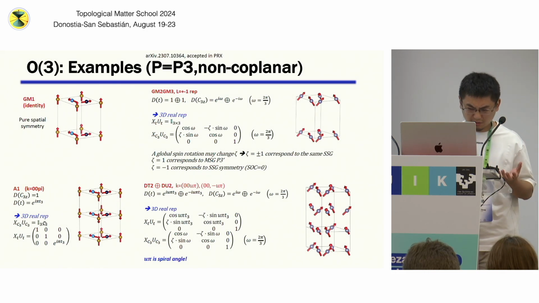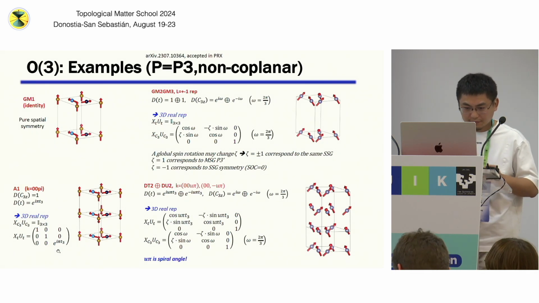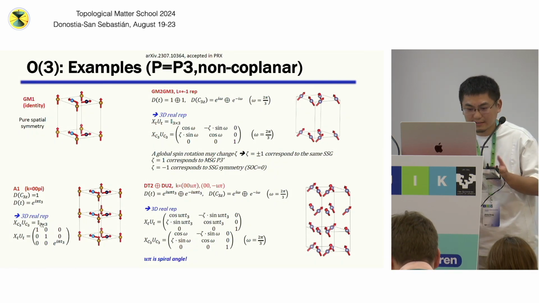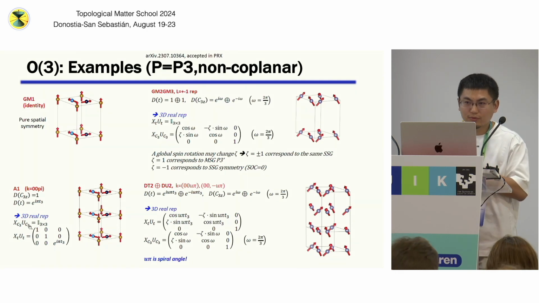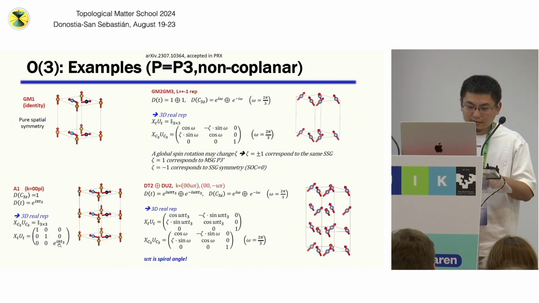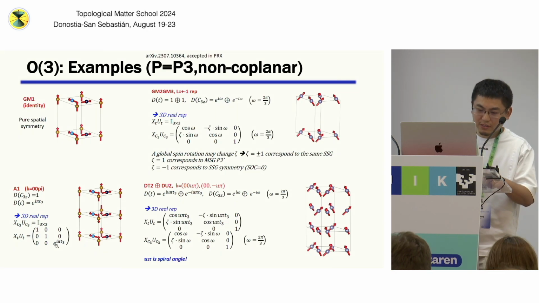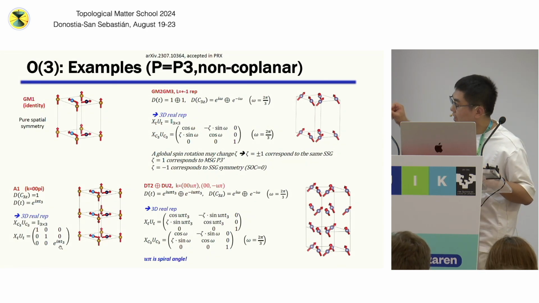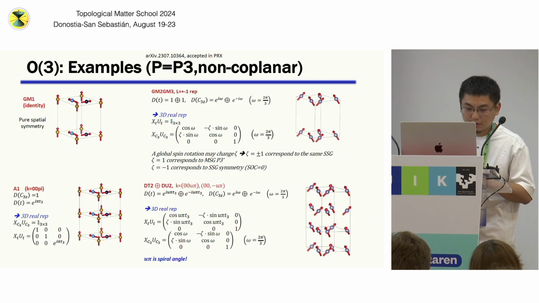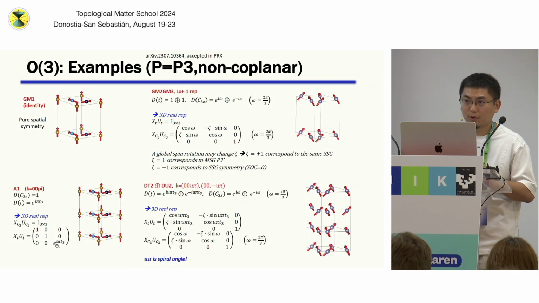To form a three-dimensional representation, we simply put two trivial representations, two identity representations. So this is a 3x3 spin operator. And we notice that under a C3 rotation, we do nothing to the moments. But under a translation, if the T3 component of the translation is odd, we put a minus sign for the Z component of the moments.